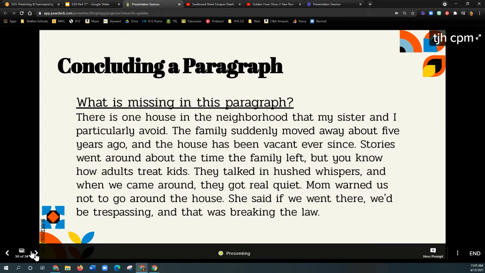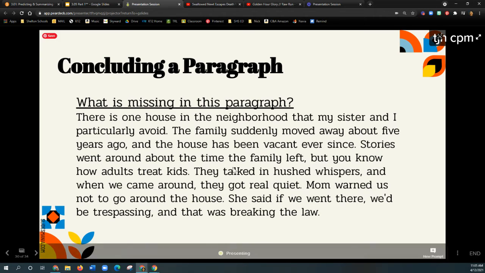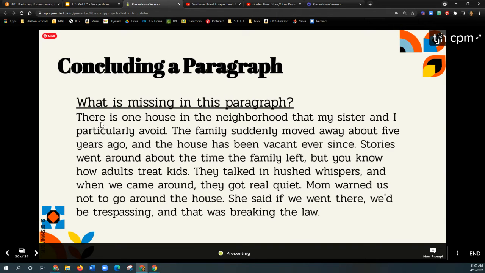So we're going to look at an example here. This is our last example. It's a new type of paragraph, but it's missing something. There is one house in the neighborhood that my sister and I particularly avoid. The family suddenly moved away about 5 years ago, and the house has been vacant ever since, or empty.